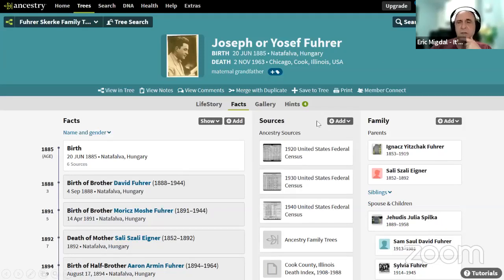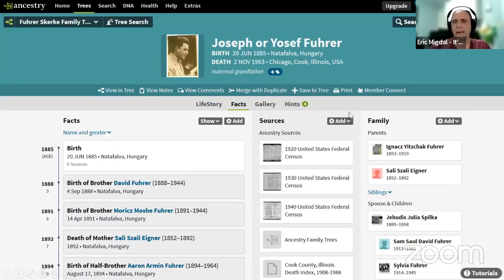It also shows some of the documents and sources of information I used to gather those facts, including the 1920, 30, and 40 census, some Ancestry family trees, and the Cook County, Illinois death index.